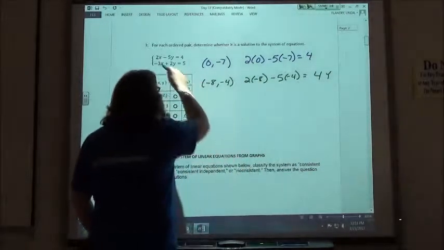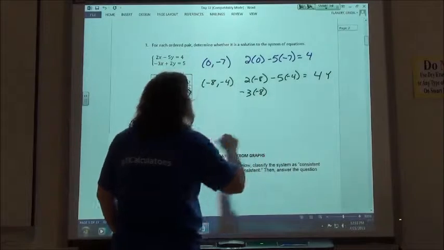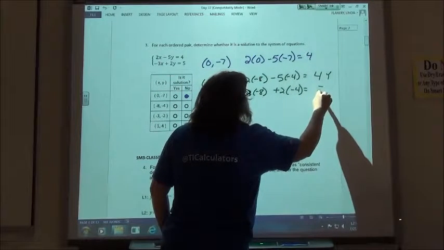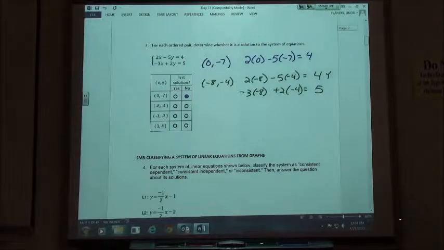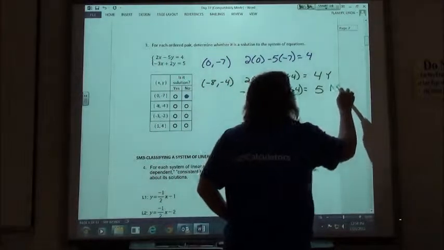So we have to check in our second line. Our second line says negative 3 times our x value of negative 8 plus 2 times our y value of negative 4. Do we get an answer of 5? Nope. 24 minus 8 is not going to be 5, right?